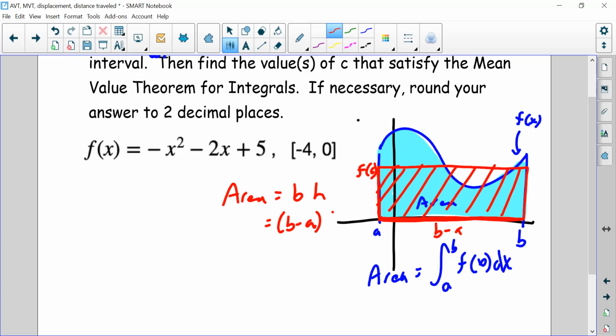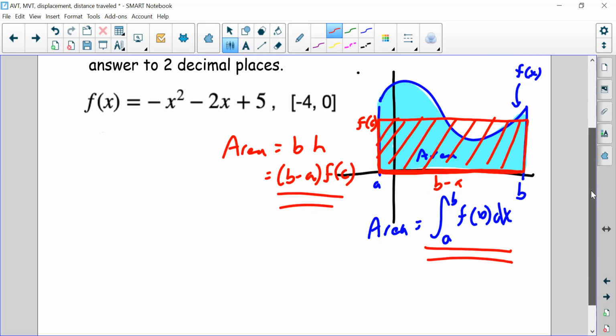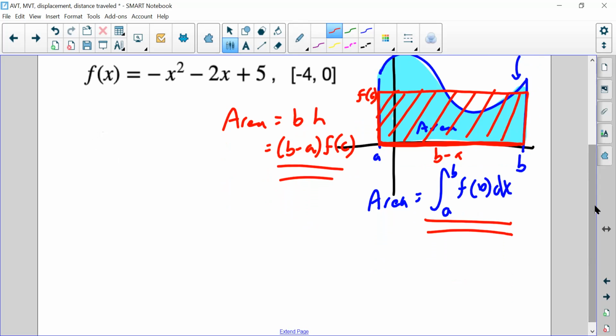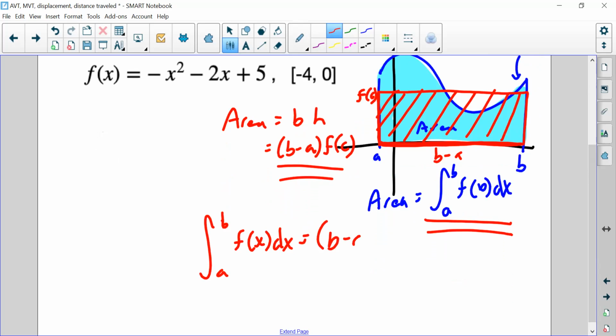It's our y value, because height is y. Whatever height I go up on that y-axis to make that perfect rectangle, that's going to give the area of the rectangle. We want to set this up so that the area under the curve is equal to the area of the rectangle. So our mean value theorem says the integral from A to B of our function must equal the area of that rectangle.